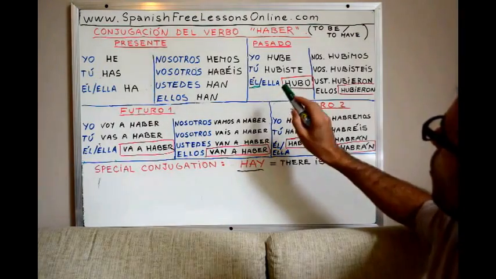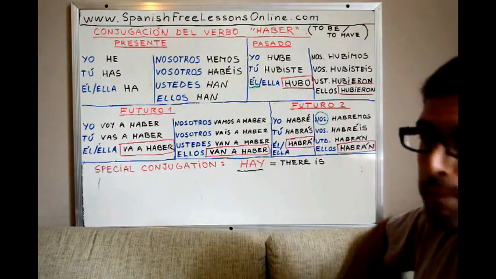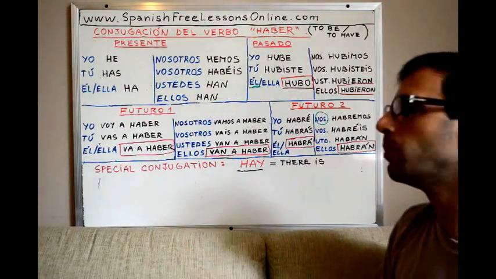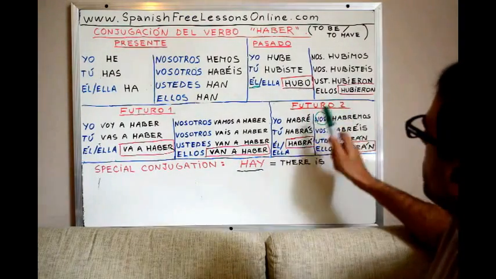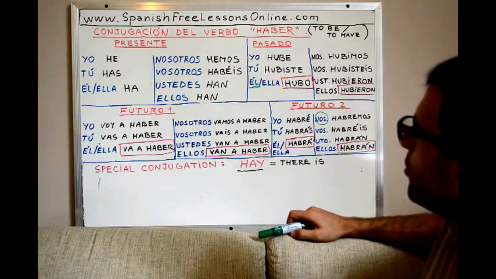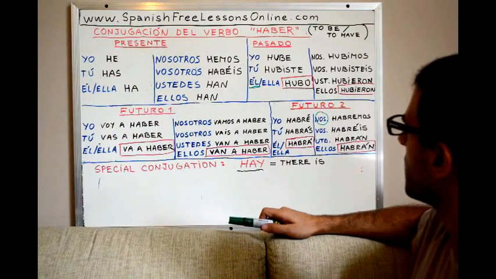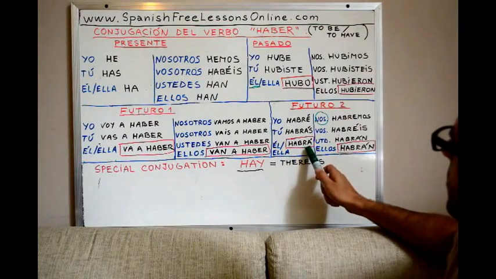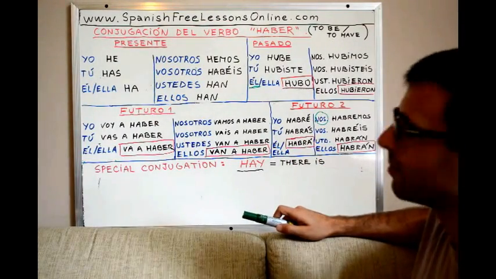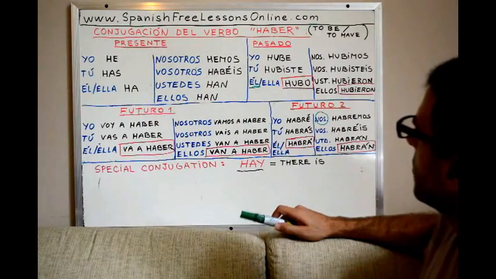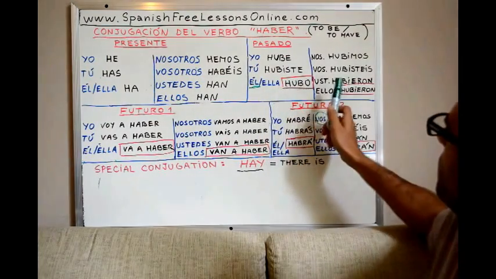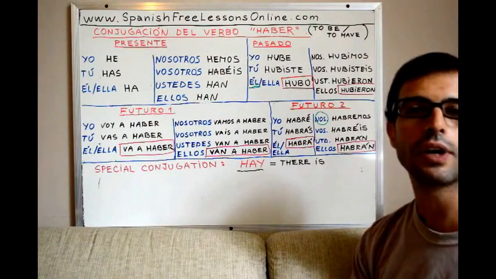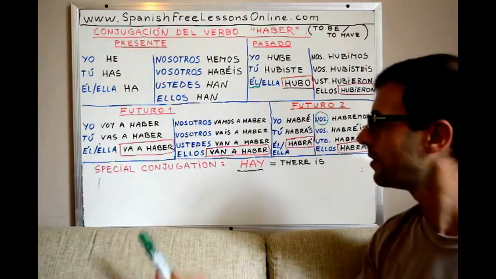We would say hubo una tormenta. If we want to say there were many, we will say hubieron muchos. If we want to say there will be a storm, we say habrá un temporal, okay? So these that I have marked in red are much more used because it's there will be, there has been, there are, there is, right?